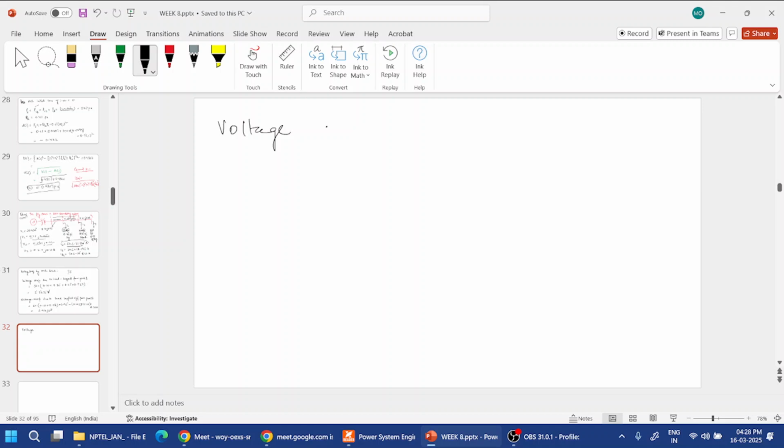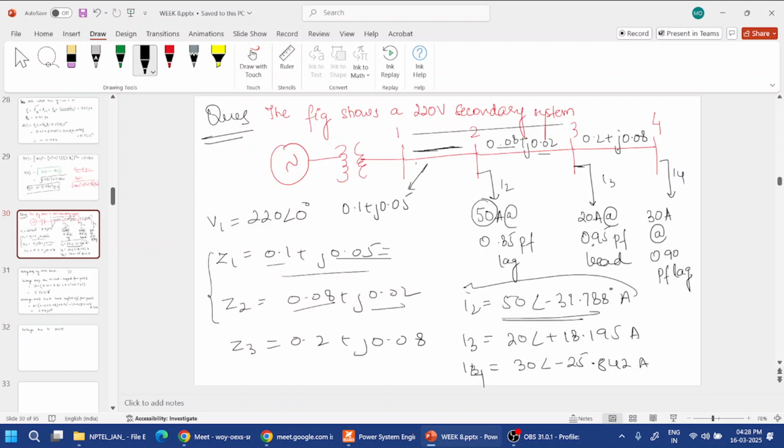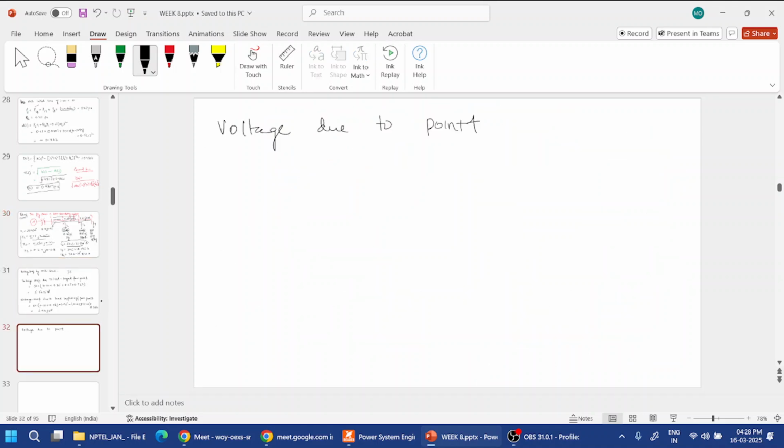Now again, the voltage drop due to takeoff from point 4. When we take the voltage drop from here, the line length becomes Z1 plus Z2 plus Z3. It's simple.